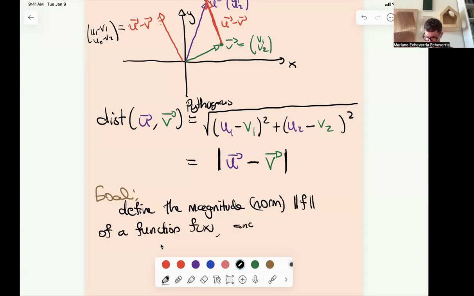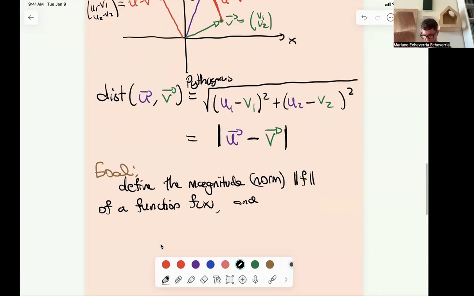and if you somehow come up with a way to define the magnitude of a function, then you would define the distance between two functions as being the magnitude of the difference of the two functions.